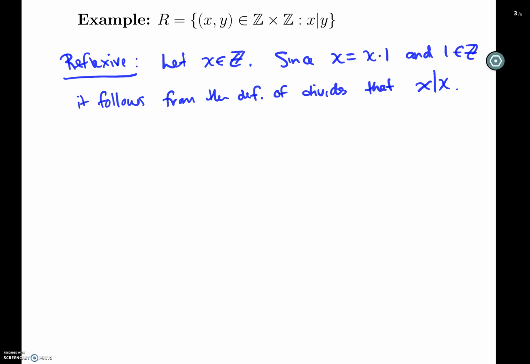So we know that x is related to x for all of our x's.